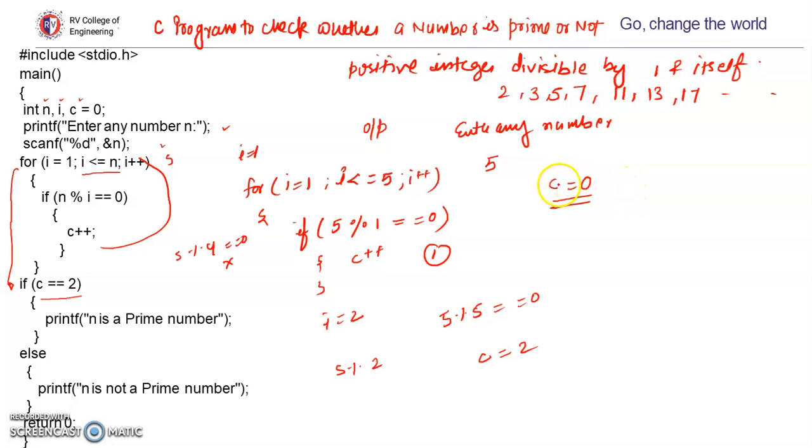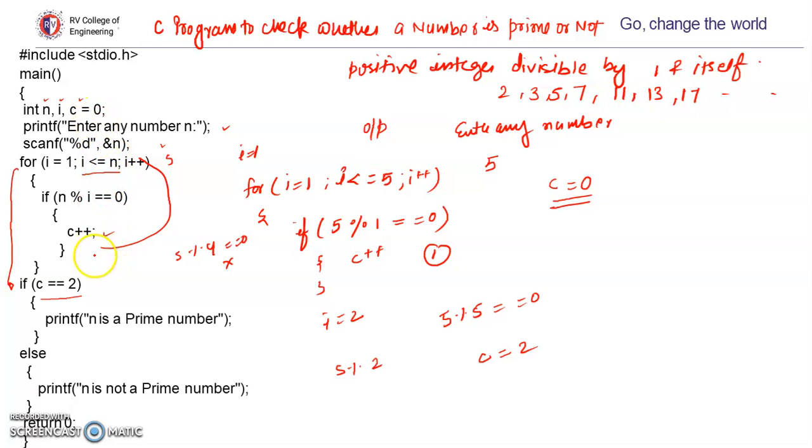Whenever the number is divisible by i, and we are taking i from 1 to that number, at least 2 times if the number is prime, so this c value will be 2 definitely, because once it is divisible by 1, we increment the counter. Once the number is divisible by itself, we increment the counter value again.